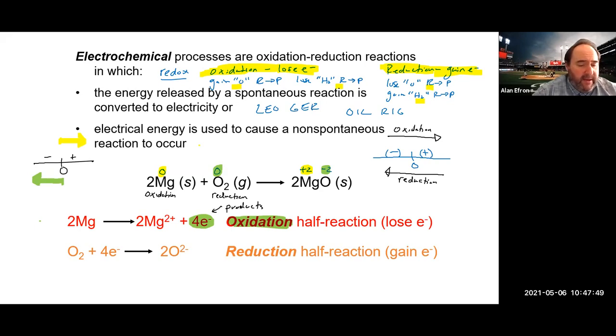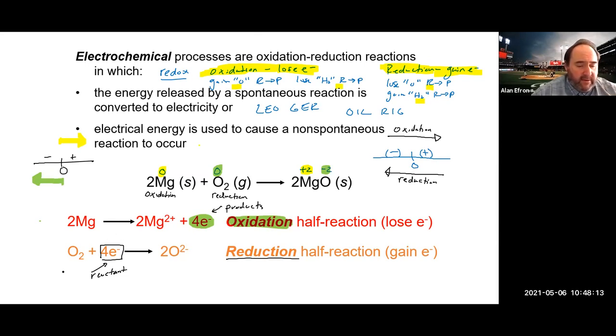On the other hand, we have our balanced oxygen half reaction on the bottom, and that would be our reduction half reaction. And again, we know it's a reduction half reaction because the electrons there are on our reactant side, like they are being gained. They're being added in, if you will. Why is this a balanced half reaction?